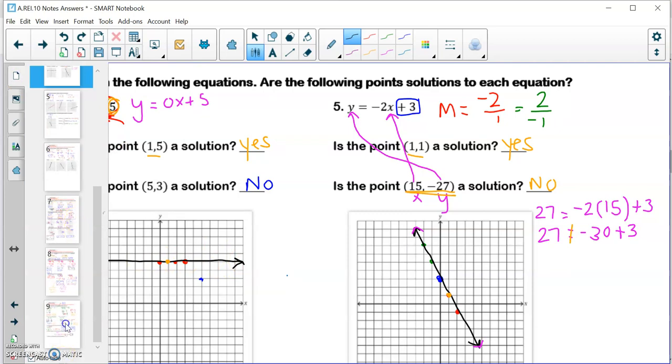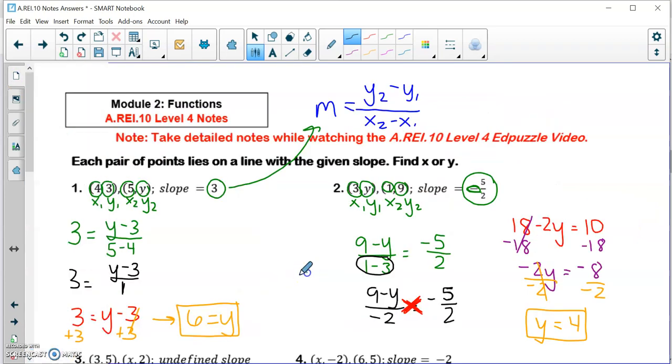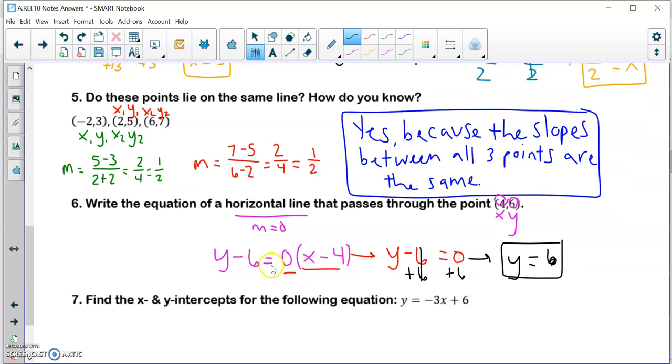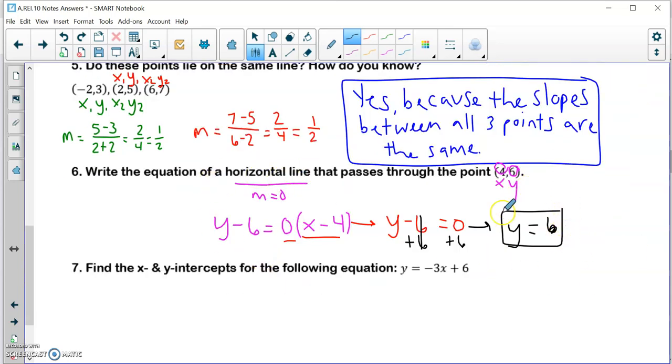So that's why it makes sense that if we have a horizontal line on the graph, we would wind up with an equation that is y is equal to a number. And in fact, that number that you would wind up with is what y is equal to on the point that was given to you.